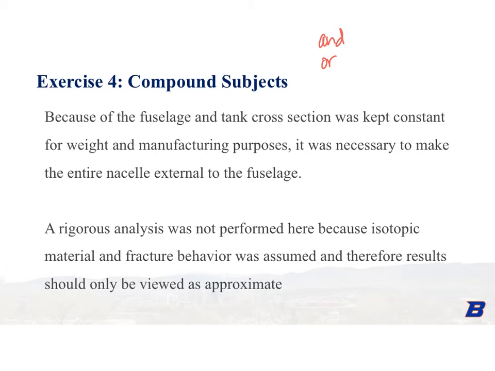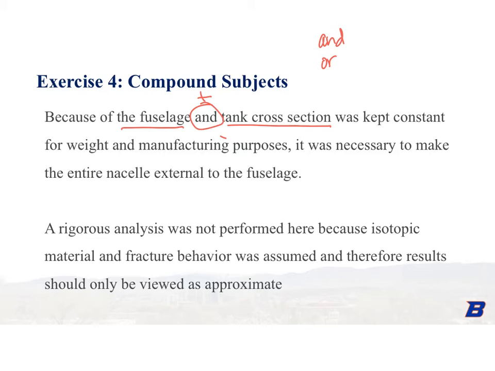So this first example: "Because of the fuselage and tank cross-section." We have the fuselage with your coordinating conjunction and tank cross-section. Individually, those are singular, but your "and" functions as a plus sign to make this entire subject plural.